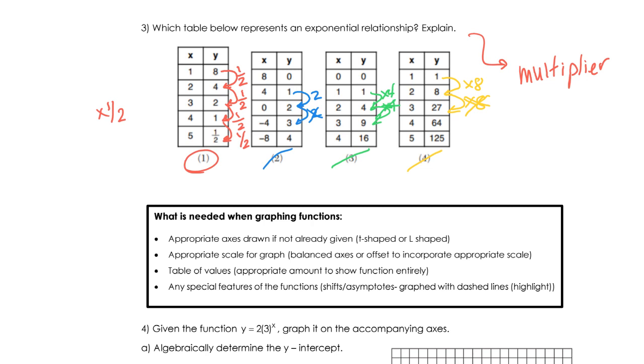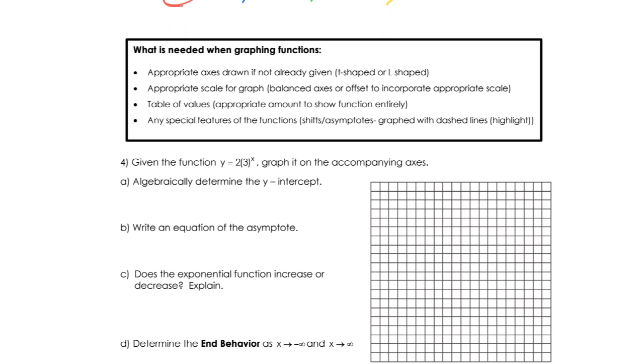Okay. All right. So going down, it says, what is needed when graphing functions? It says appropriate axes are drawn if not already given. Either they could be T-shaped or L-shaped, depending if you only want to graph in quadrant 1. Appropriate scale for graph, balanced axes or offset to incorporate an appropriate scale.